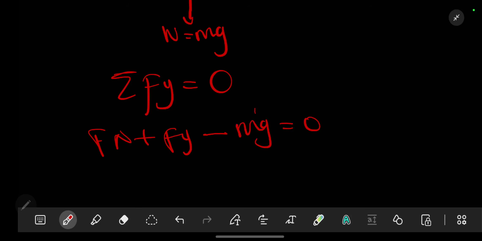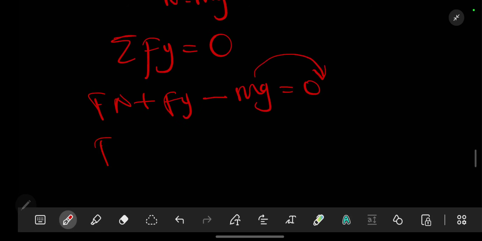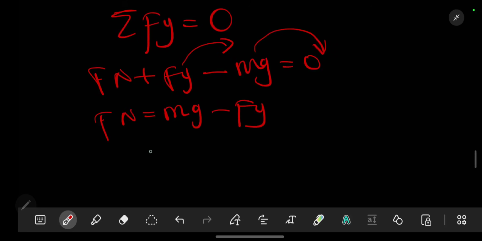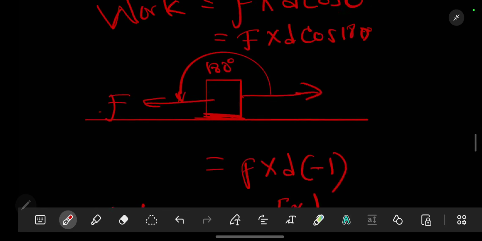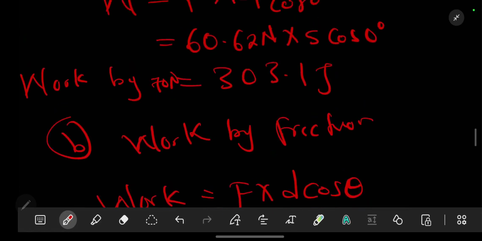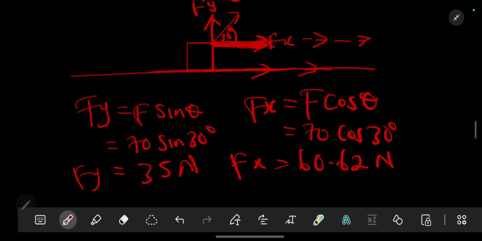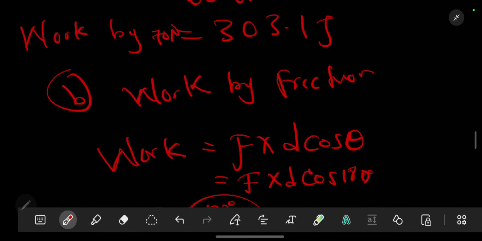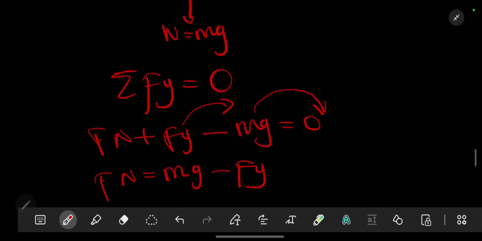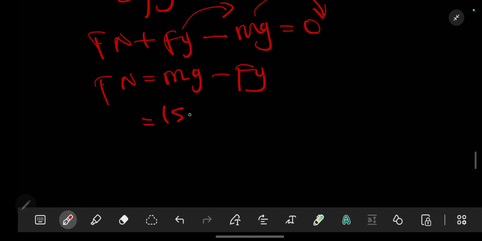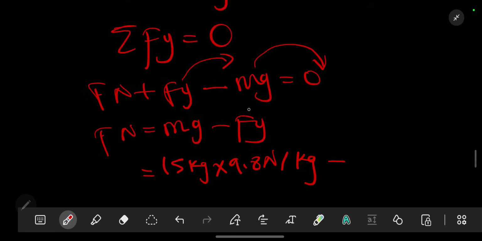So when we take mg to this side, the normal force is equal to mg minus Fy. Our mass is 15 kg, so 15 kg times the gravity, 9.8 newtons per kg, minus our force in the y.